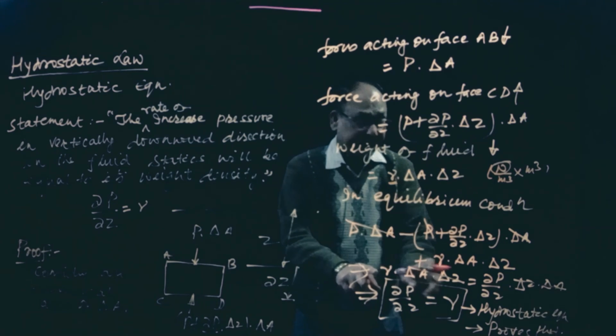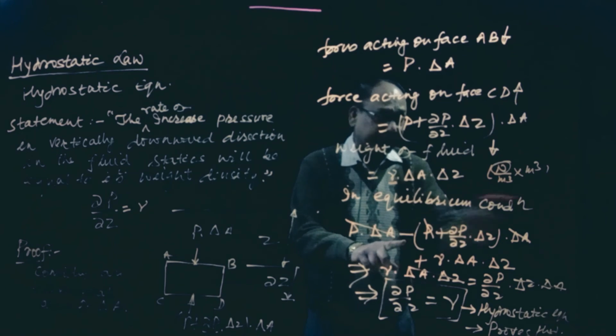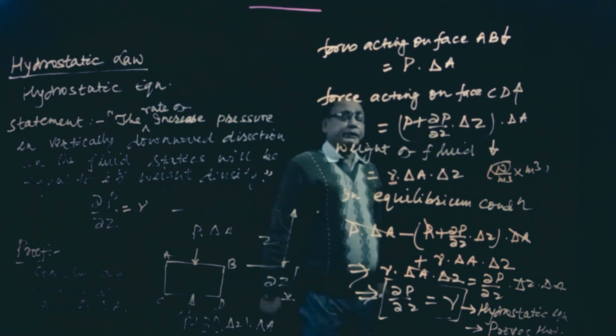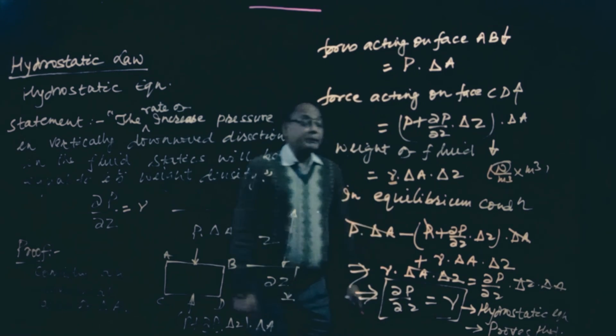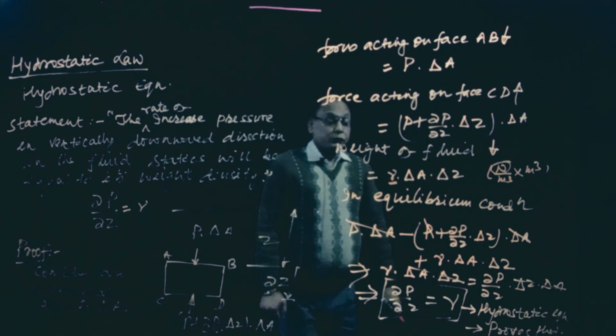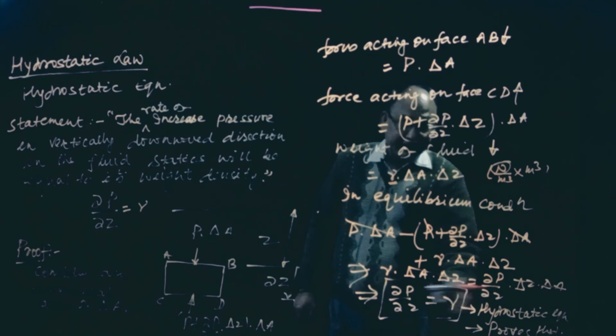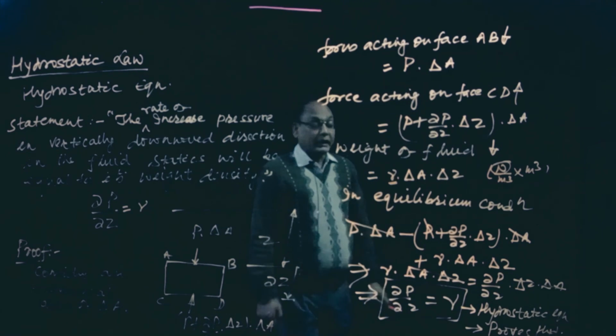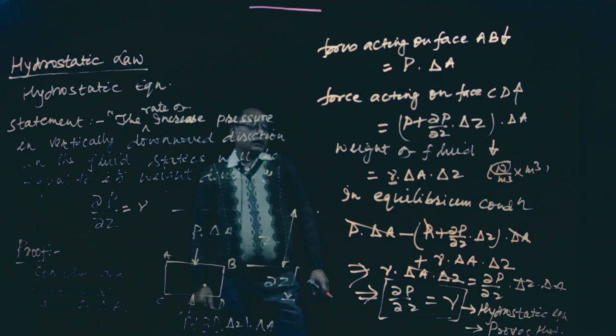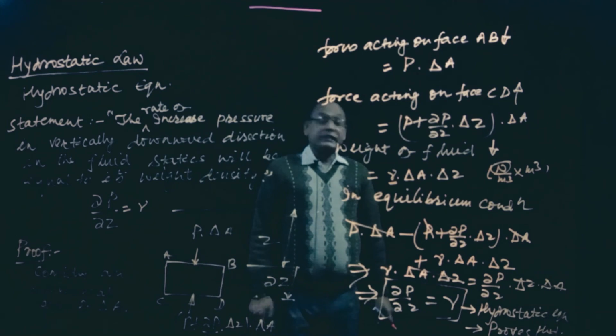Gamma into delta A delta Z will be equal to dP by dZ into delta Z, as the minus term goes to the other side and becomes plus. So delta A and delta Z get cancelled, and dP by dZ is equal to gamma. This proves our hydrostatic law, or hydrostatic equation.